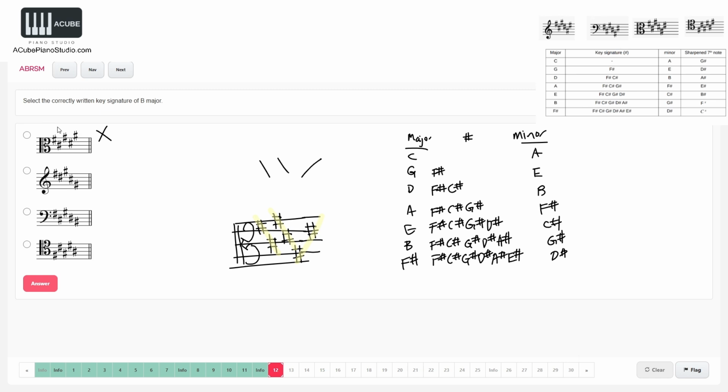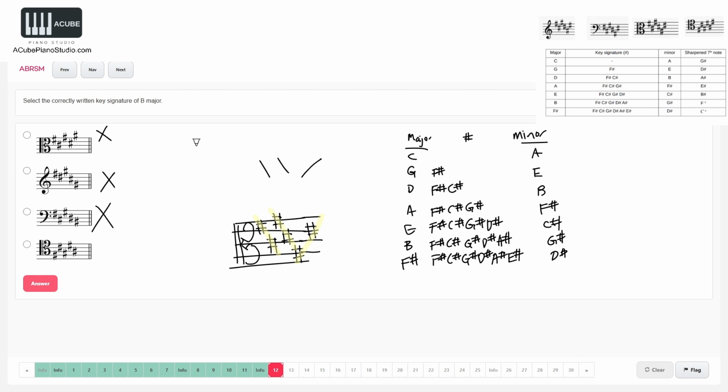Okay, so this one is wrong. Then here, this is F sharp, C sharp. This is not C, this is D, so this is out. This one, F sharp, C sharp, G sharp, D sharp, should be A sharp. This is not B.